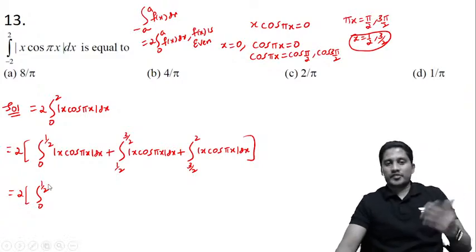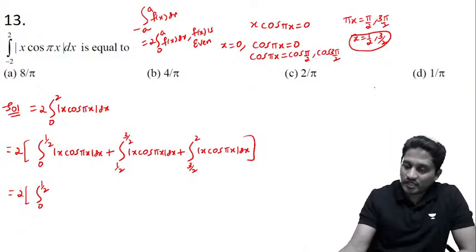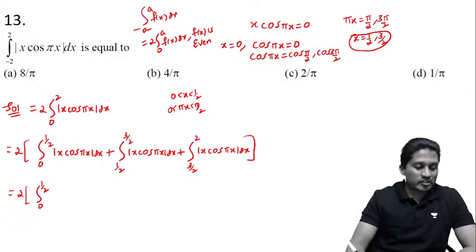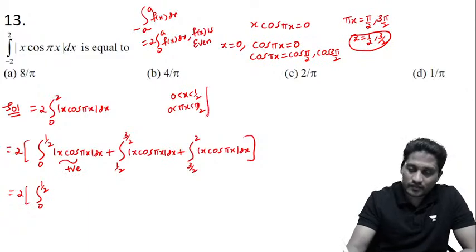Now from 0 to half, obviously mod x will be equal to x, since x will be positive. When x lies between 0 and half, pi x lies between 0 and pi by 2, the first quadrant, where cos is positive, so this will be positive. Again, x lies between half and 3 by 2, so pi by 2 is less than pi x less than 3 pi by 2.